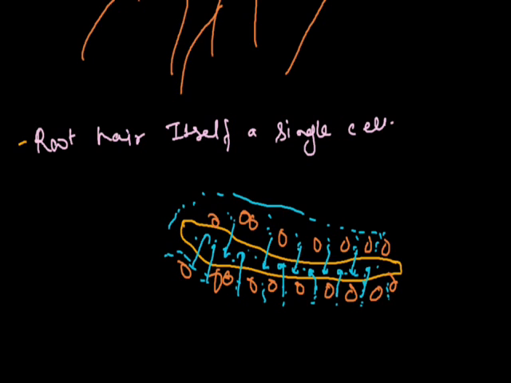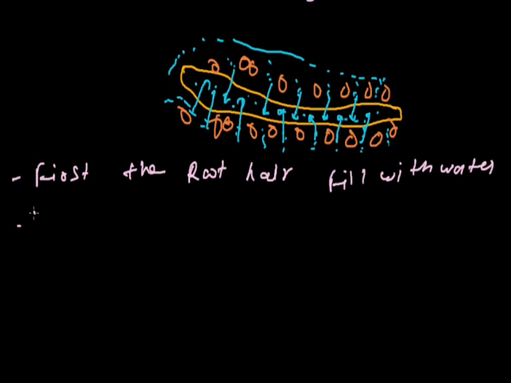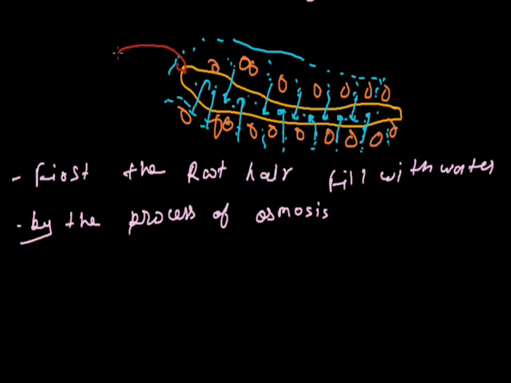So I can simply write: first the root hair is filled with water by the process of osmosis. Then the adjacent cells near the root, suppose this is the second cell, this is the third cell, this is the fourth cell.